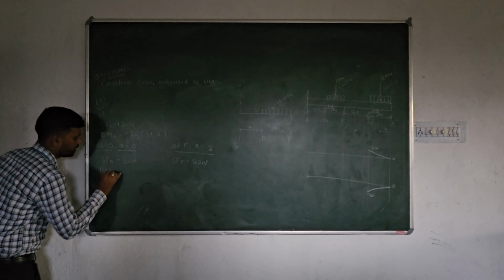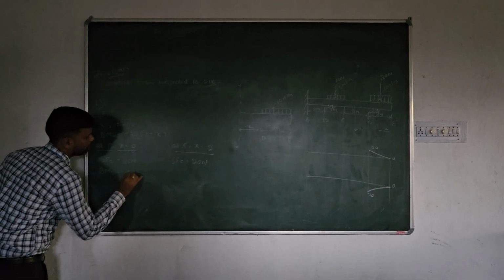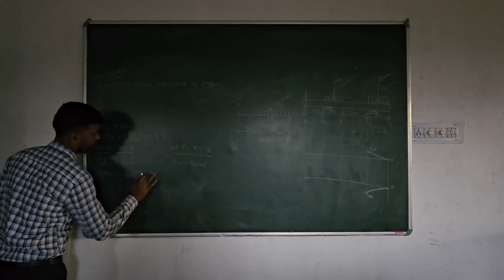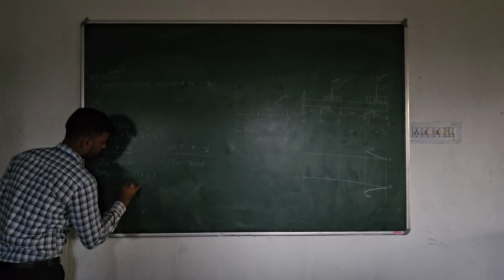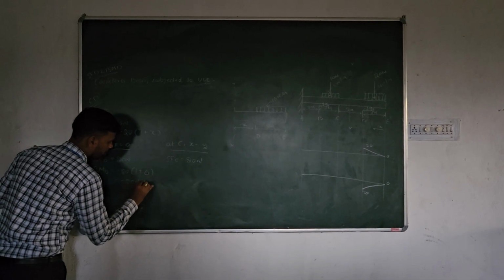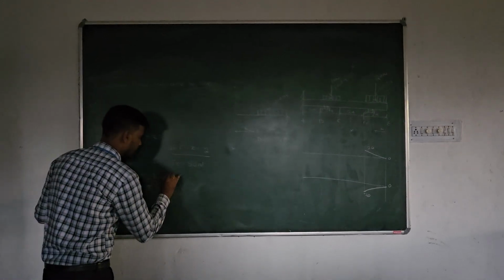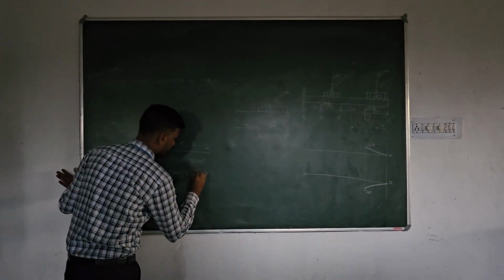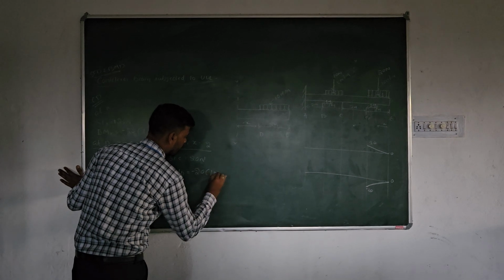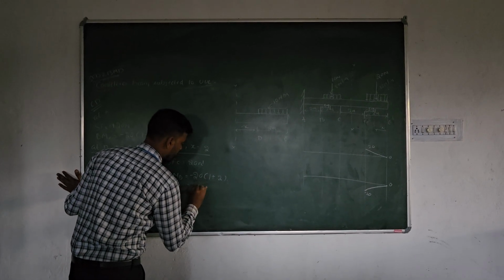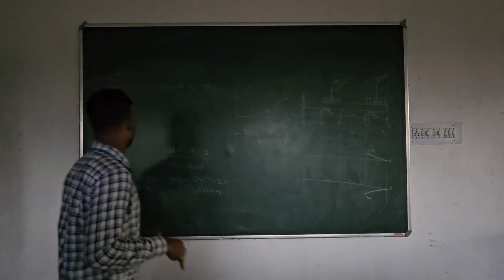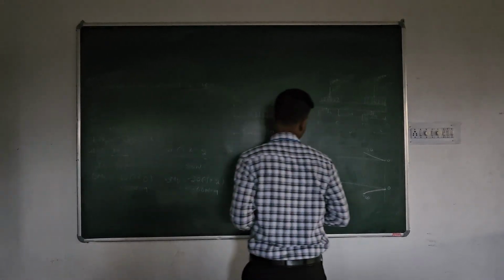BM at D is equal to minus 20 into 1 plus 0, that is minus 20 Newton meter. And bending moment at C is equal to minus 20 into 1 plus 2, that is minus 60 Newton meter.